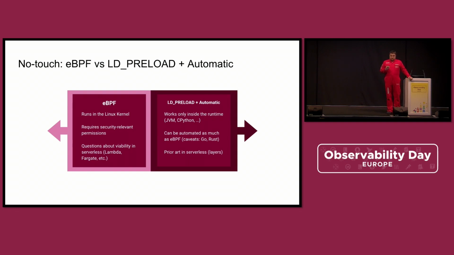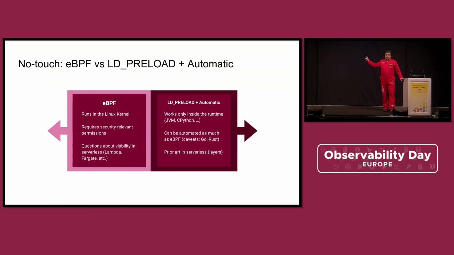I have questions about the viability of eBPF-based instrumentations in serverless, because I don't think AWS Lambda is going to give you access to the kernel under the Lambda runtime. But eBPF has a place and a role. For example, if you run your own data center or your virtual machines, that's actually pretty good technology. You should look into that.